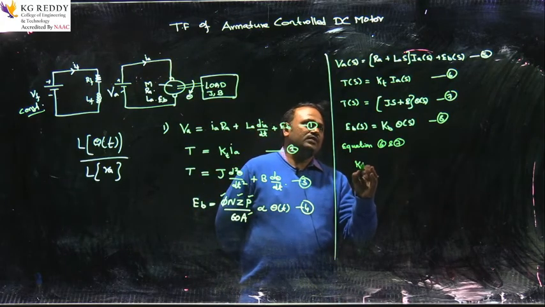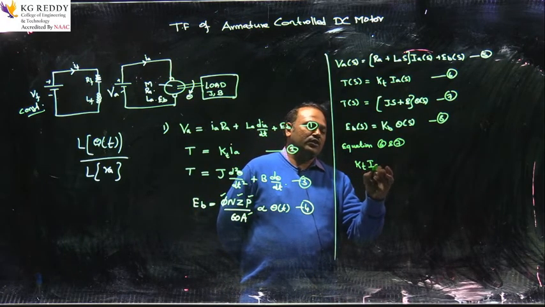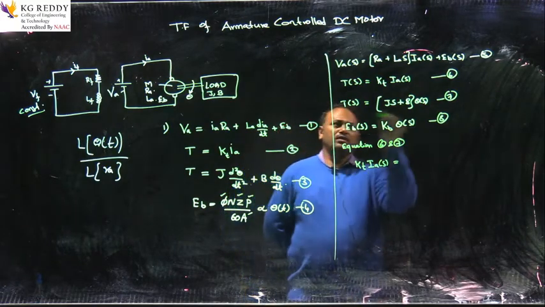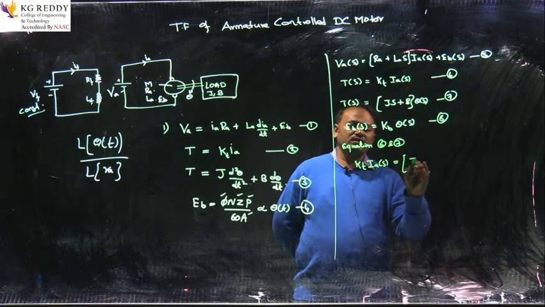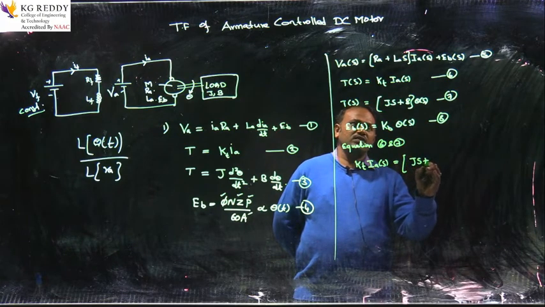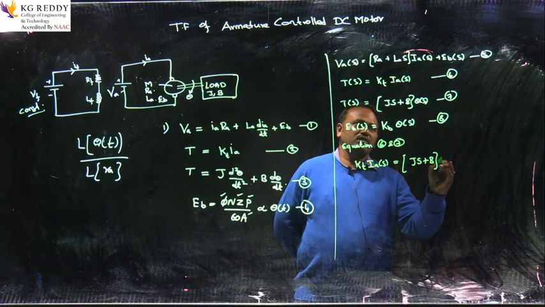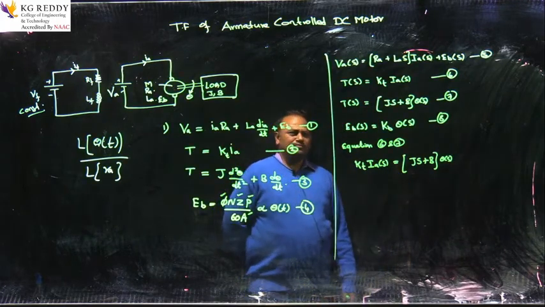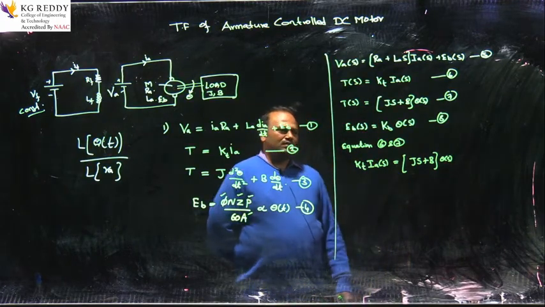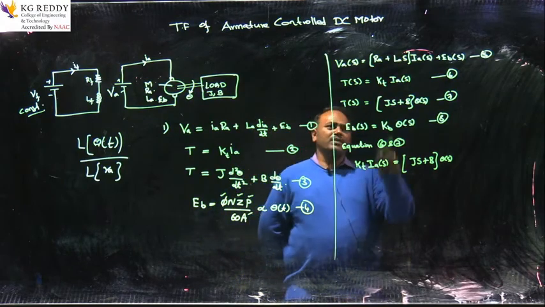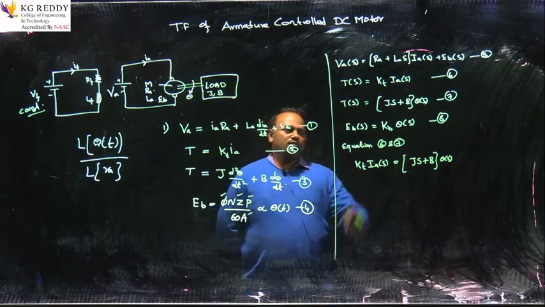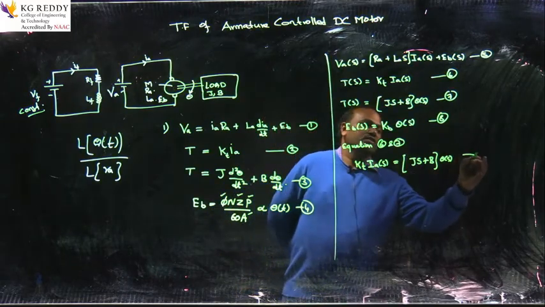Equating 6 and 7, we have Kt into I of S is equal to Js plus B into theta of S. We will call this equation number 9. Similarly, we also have the back EMF in equation number 8.